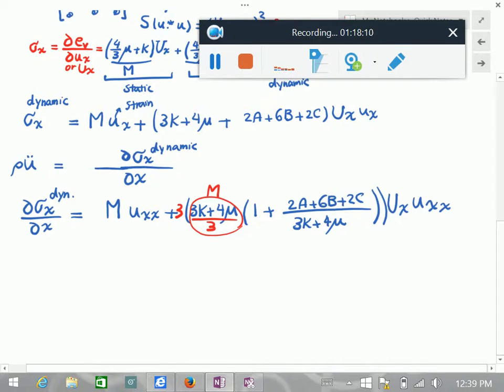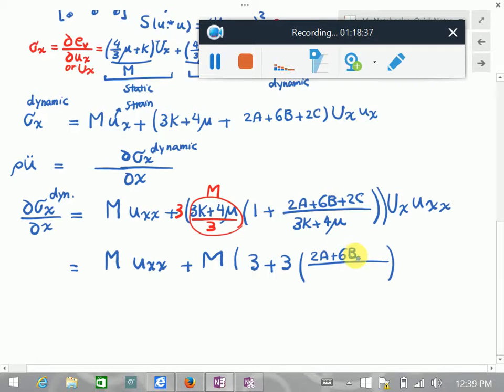So then it becomes m uxx plus m or 3m. I take the m, I can put the 3 inside. M3 plus 3 times this expression.